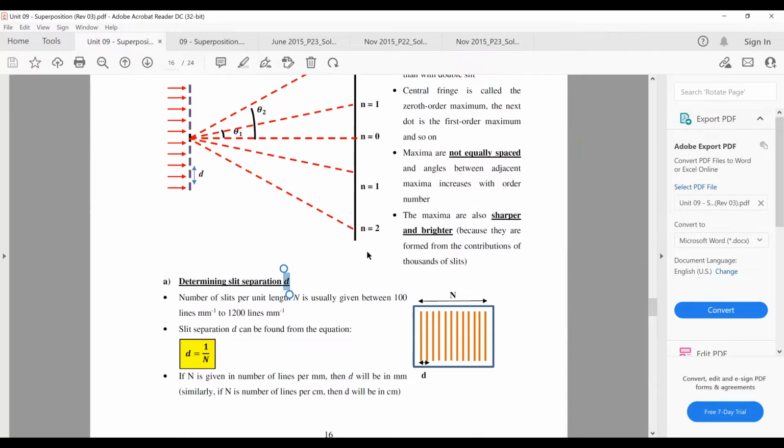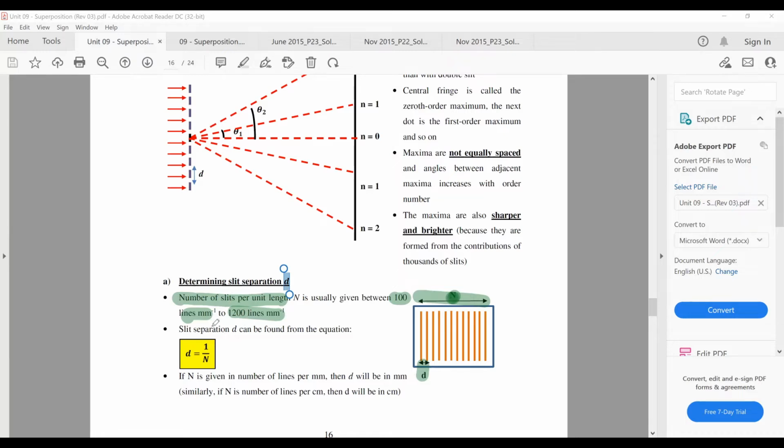They will tell you that the diffraction grating has a certain number of slits per unit length. Maybe they tell you the diffraction grating has 100 lines per millimeter or 1200 lines per millimeter. That is this quantity here. It tells you how many lines there are in a certain distance. You want to find slit separation.